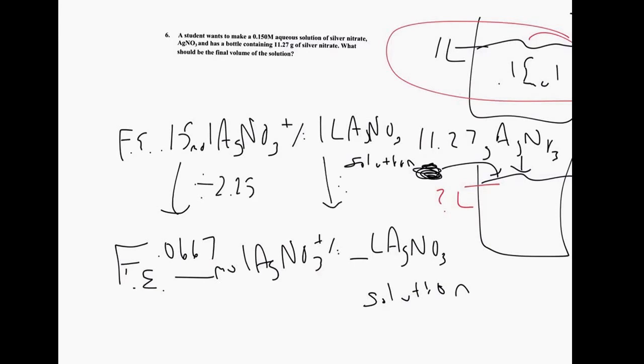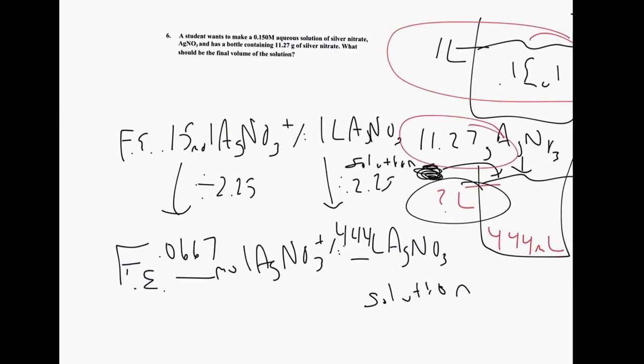And I'm going to divide this by 2.25. Should be pretty close to a half. 0.444. So for this part, we need to add 444 milliliters to the 11.27 grams.